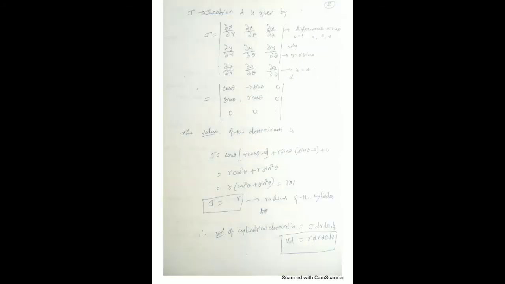where J is called the Jacobian determinant, and it is the three-dimensional analogue for the stretching factor dx by du. The Jacobian matrix J can be calculated using the equation J is equal to the determinant of del x by del r, del x by del theta, del x by del z.